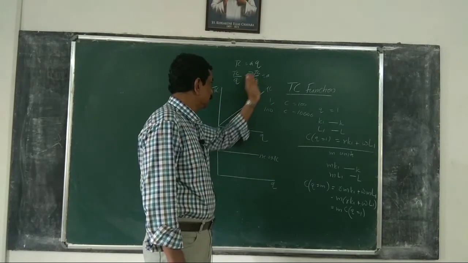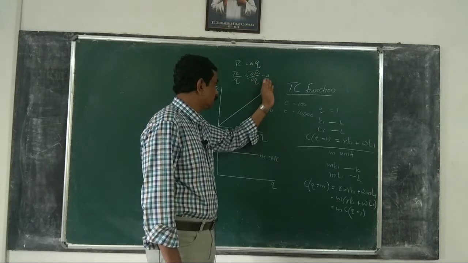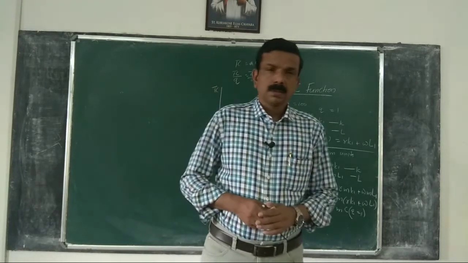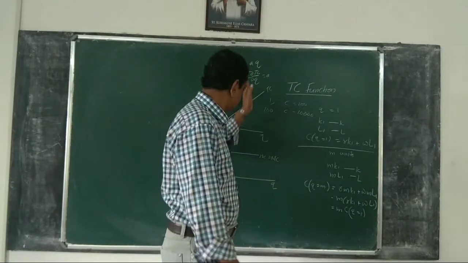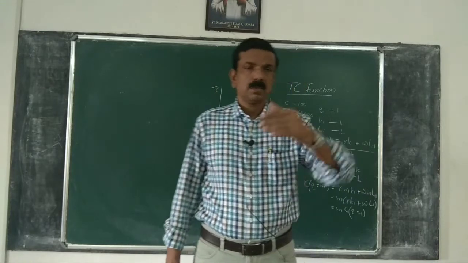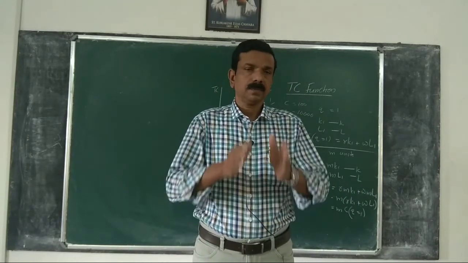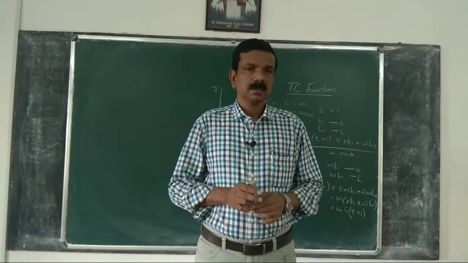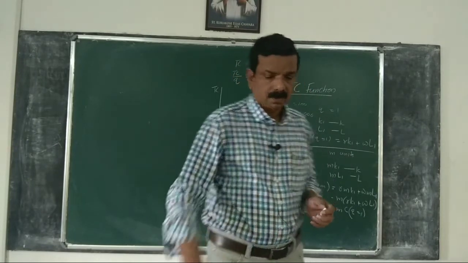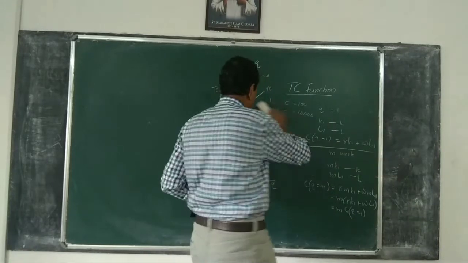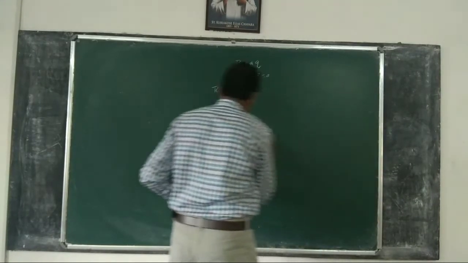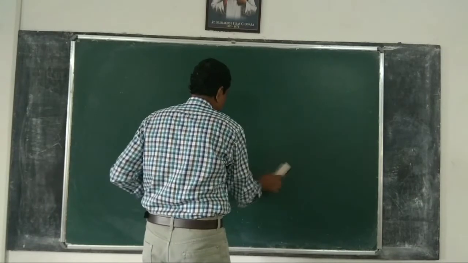TC by Q is equal to dou TC by dou Q is equal to A. But this is a very simple cost output relation. We do not expect that the cost output relation will be like this always. Let us see a little more complicated cost output relation, like this.